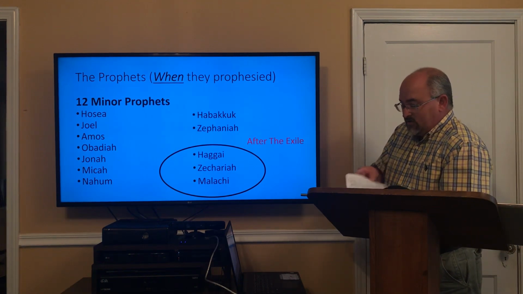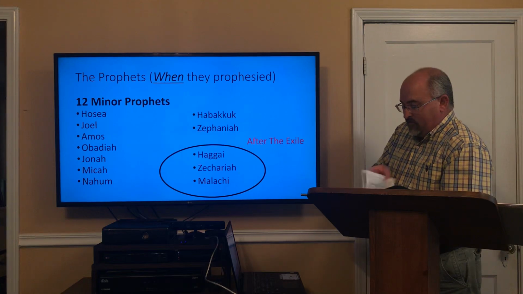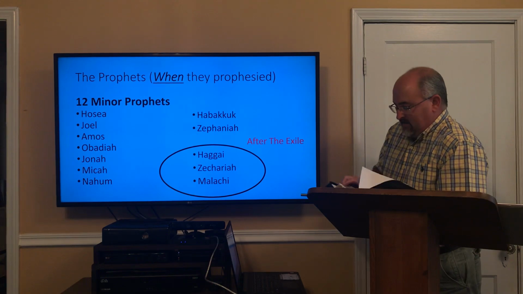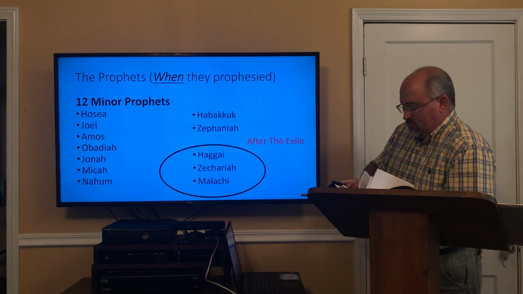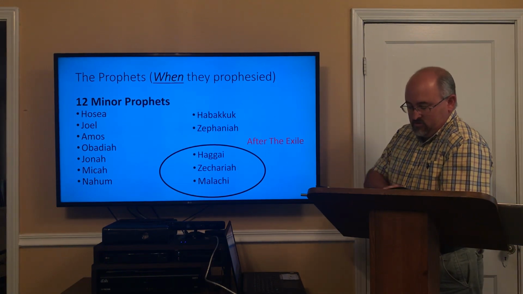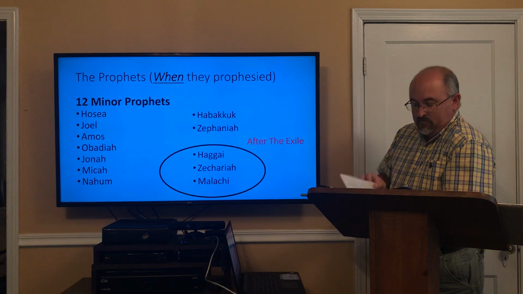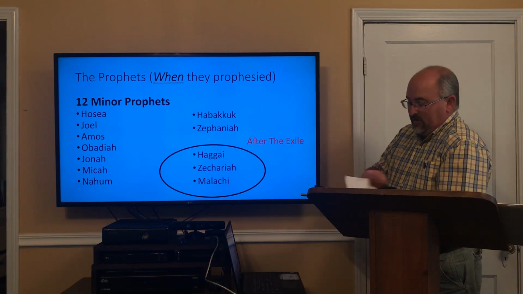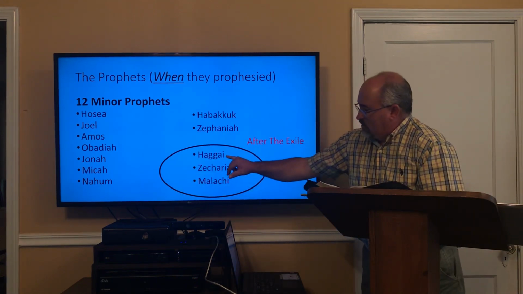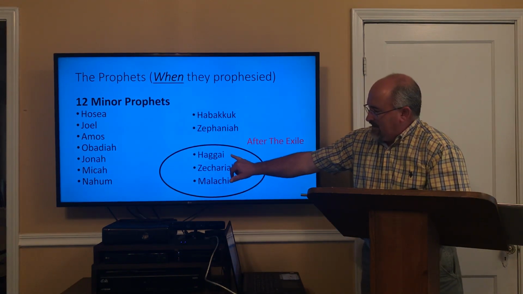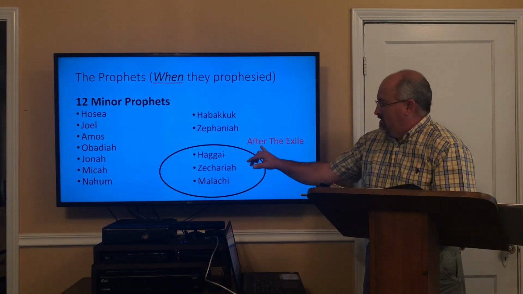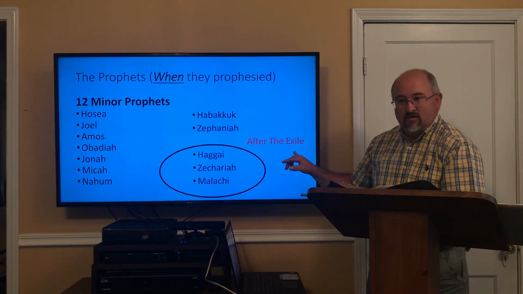But if you look on your contents page at the beginning of your Bible, you will find a listing of all the books of the Bible. Okay? When you find that page, what I want you to do is put a line or a circle around these 3 books, Haggai, Zechariah, Malachi, and write out in the margin after the exile.